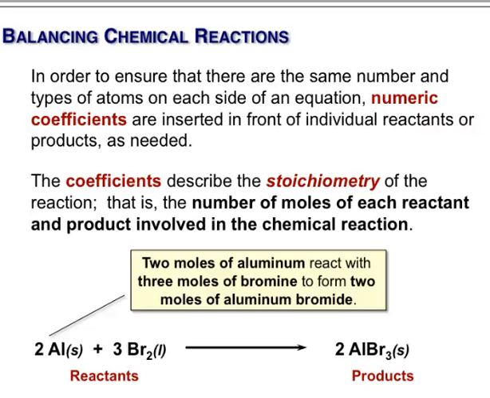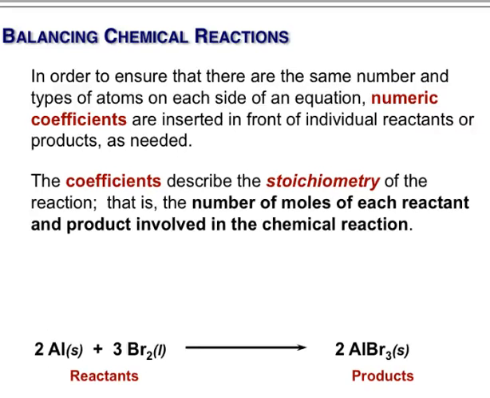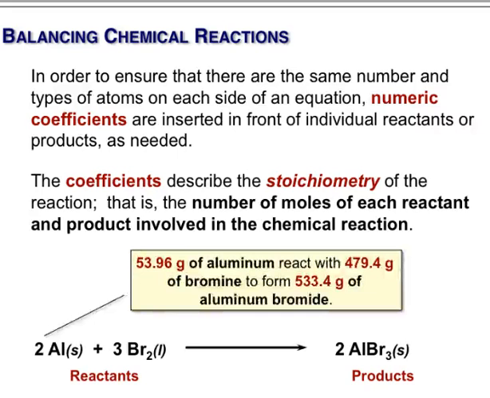Or, remember what we did last chapter in terms of mass ratios, not just mole ratios, but mass ratios. Whenever we speak of 2 moles of aluminum, there's a mass that corresponds to that. So we could also say that we have 53.96 grams of aluminum.